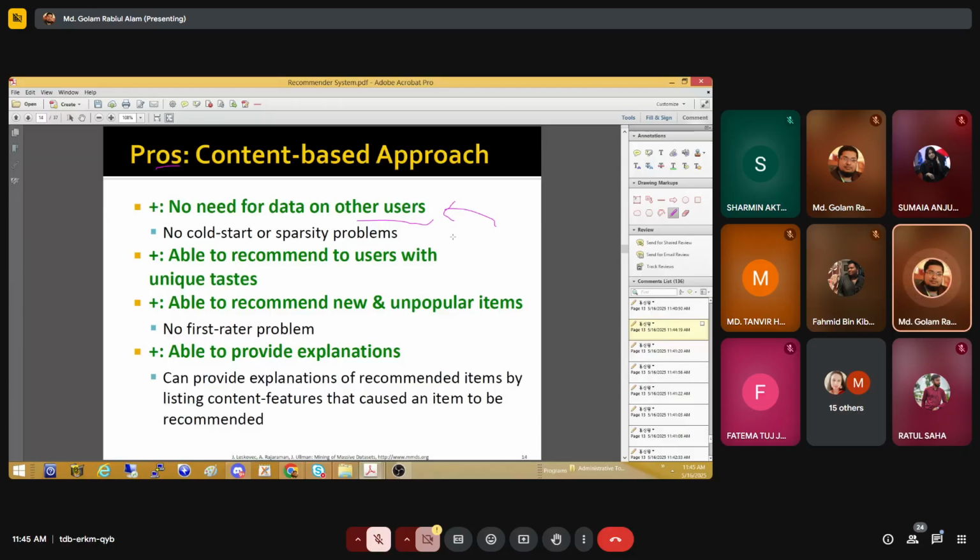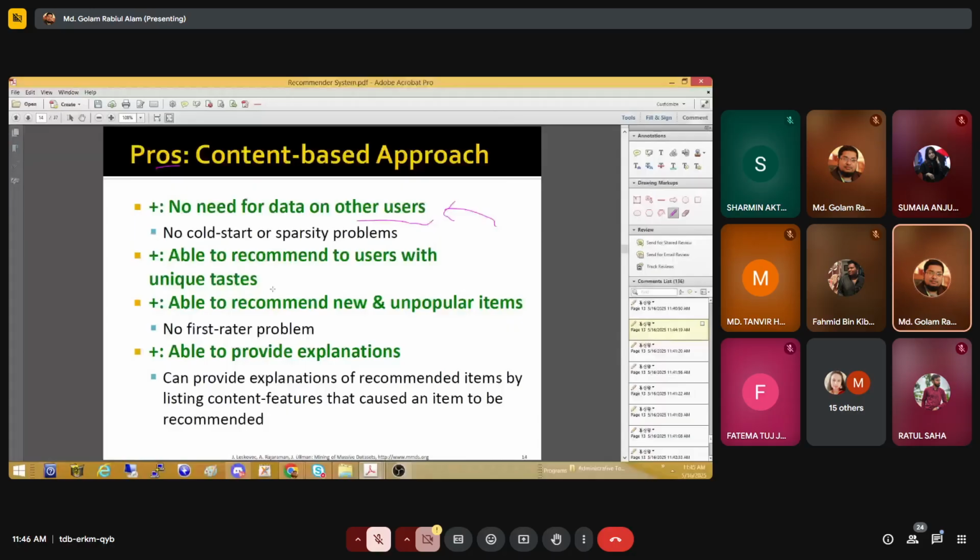And it is able to recommend to users with a unique taste, based on the user's liking. Also able to recommend new, maybe unpopular items.